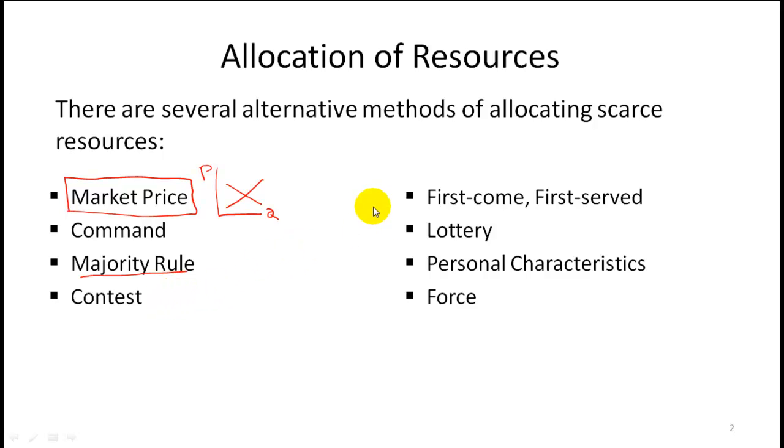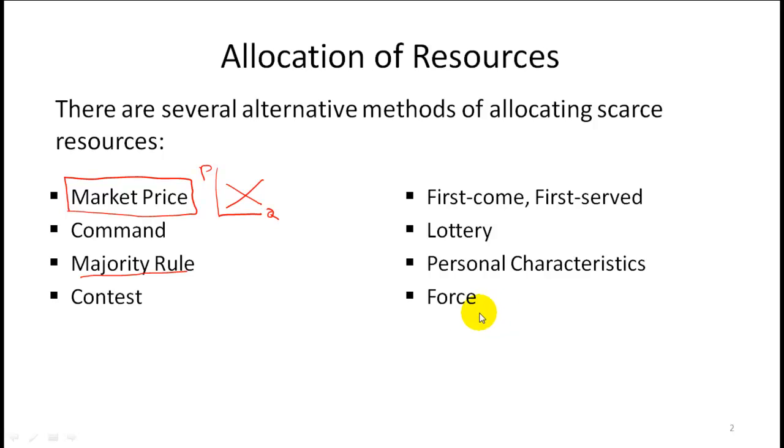Then you can have first come first served. If you have a limited number of items to give out, one method might be to simply say those who come first get it. Lottery is another mechanism of deciding how scarce resources are distributed. Personal characteristics would mean that if you have items to give away, you only give those items to people who you like.